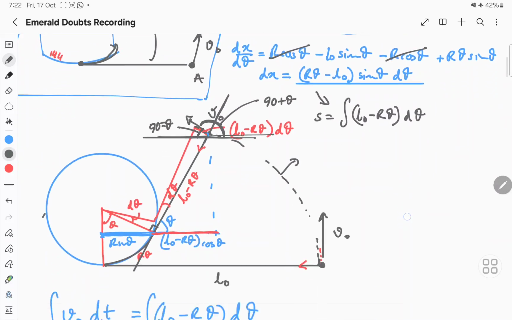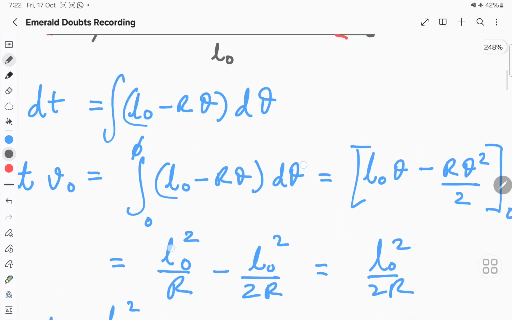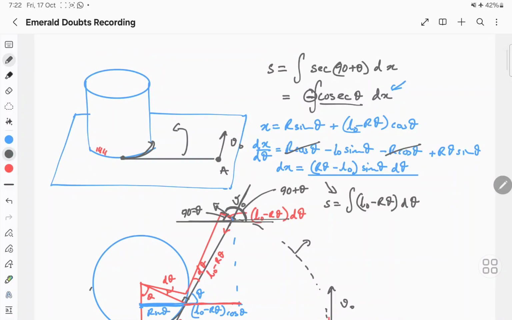So this is pretty much this kind of integration we were getting here also. This was the length, exactly the same integration, and hence exactly the same answer.